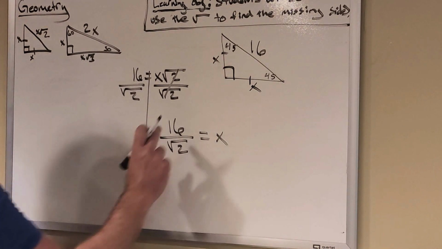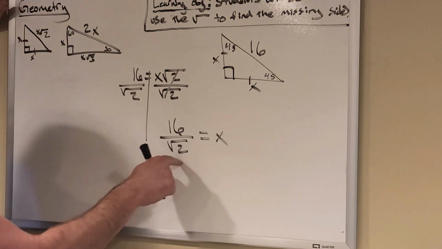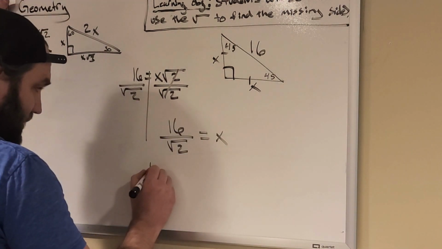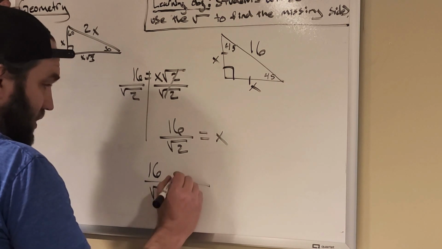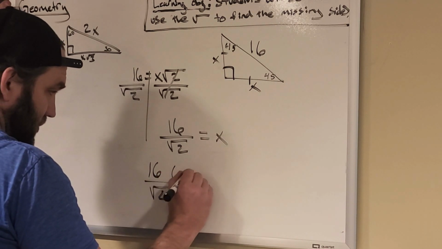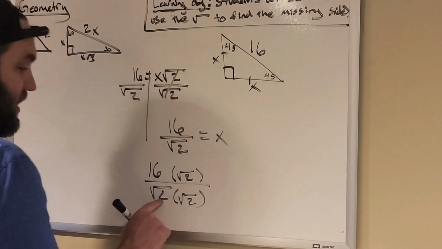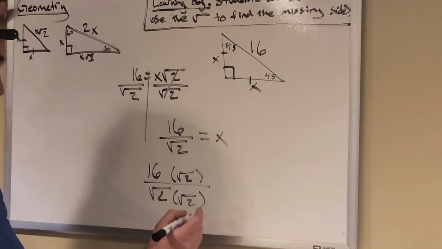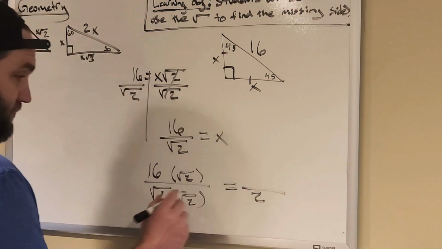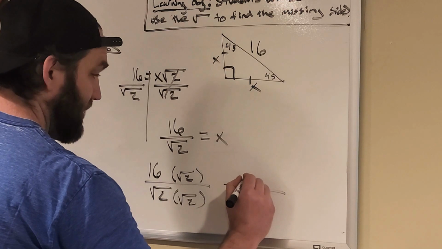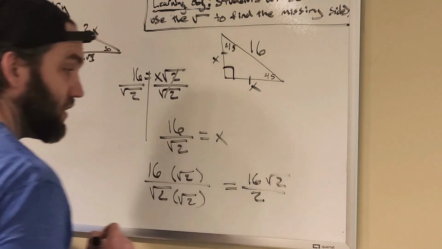So I have to multiply both my numerator and my denominator by that square root of 2. So 16 square root 2 over square root 2 times square root 2. Square root 2 times square root 2 is just 2.